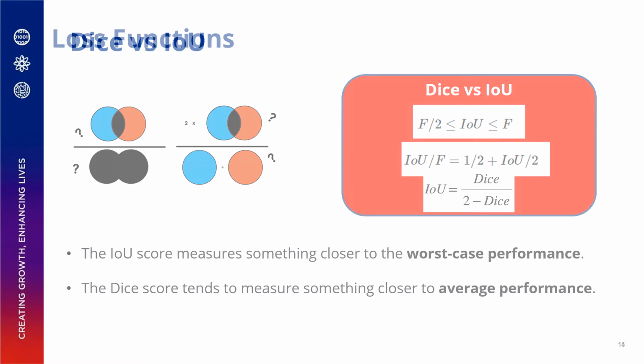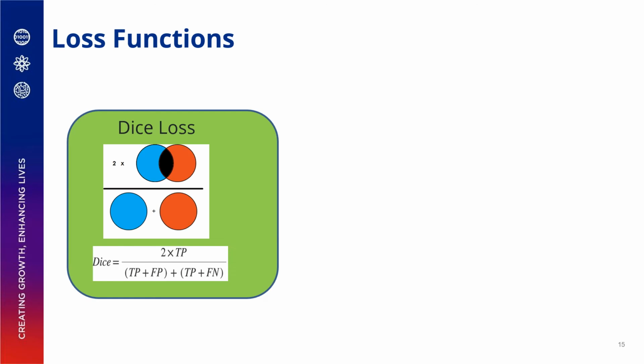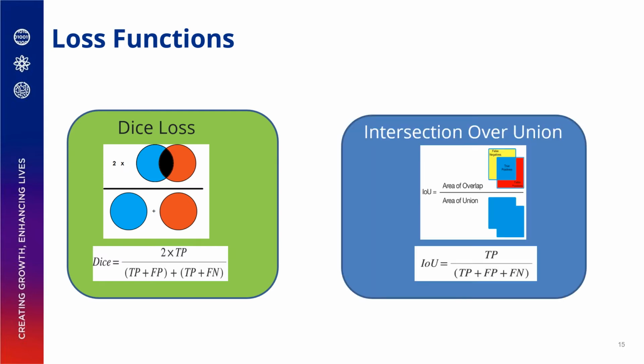So now let's talk about loss functions. This part I may speed up a little because it's very similar to the metrics. One of the most common loss functions used for image segmentation is your dice loss, which is exactly similar to the dice coefficient that we used before.